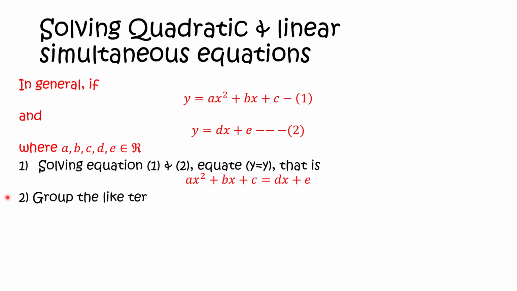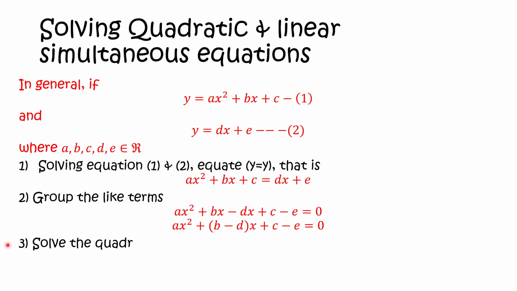Group the like terms, moving all the terms to one side so that we have ax squared plus bx minus dx plus c minus e equals 0, and factoring out the common terms. In this case, for the coefficient of x, we are going to have b minus d, and the other terms remain the same. 3. Solve the quadratic equation that results.